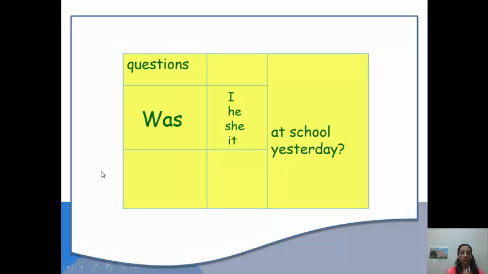With the other personal pronouns, we, you, and they, we put were at the beginning of the sentence, then the personal pronoun or the subject, and the rest of the sentence, then a question mark. Was she at school yesterday? Or were you at school yesterday?